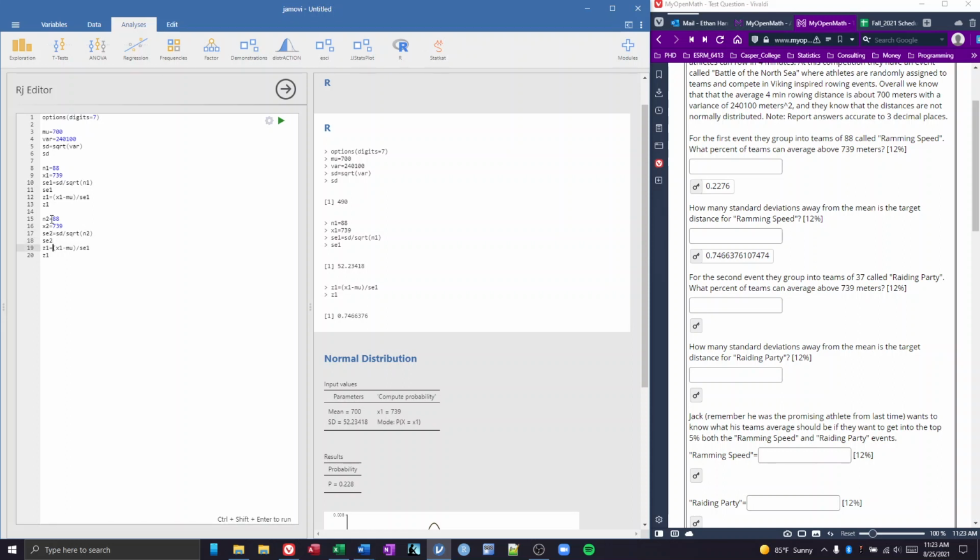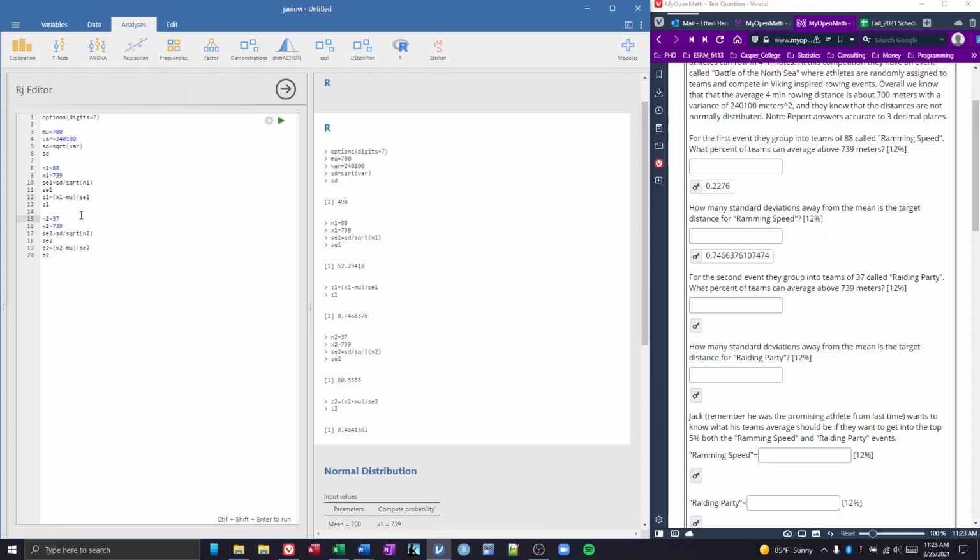The code is all the same, because we're doing the exact same thing, but just with a different sample size. And this sample size is now going to be 37. We run it again, and it'll give us a new standard error. It also asks how many standard deviations away from the mean is that target distance for a raiding party. And if we click that, it's 0.484 standard deviations away.